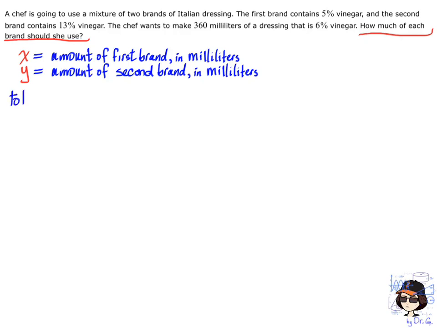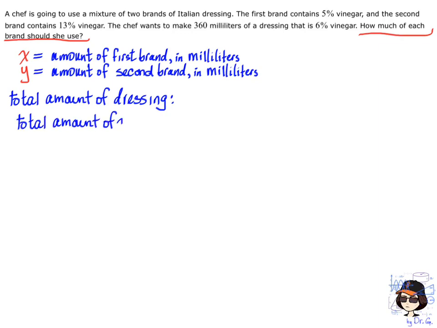I'm going to have one equation that's going to express the total amount of dressing in this word problem. And my second equation is just going to be the total amount of vinegar in this word problem. So we're separating out the liquid from the vinegar in the liquid.